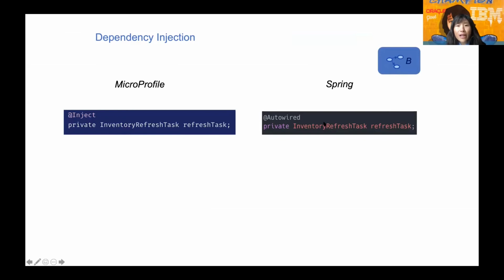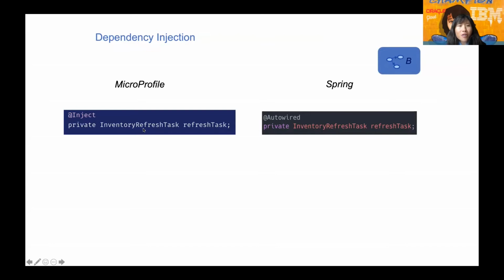And in Spring, actually Spring also implements JSR 330, which is injection, and it does support @Inject as well as @Autowired. So whenever people ask what's the CDI equivalent, I will say in Spring you use @Autowired. In CDI you use @Inject.